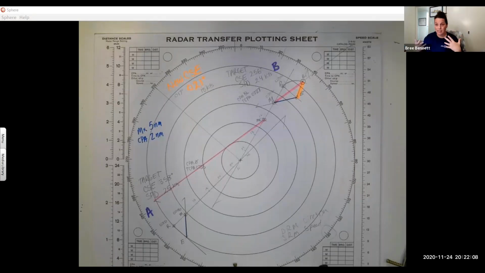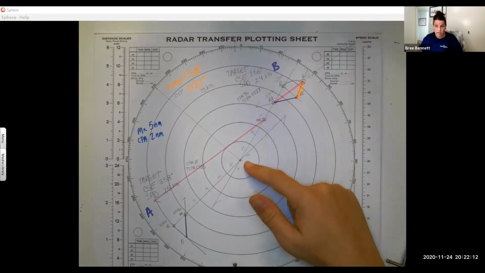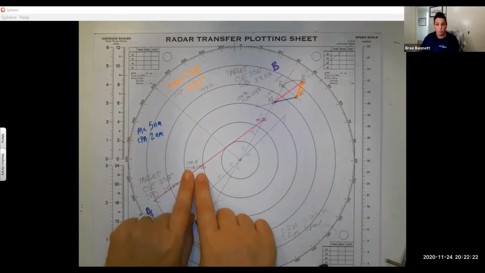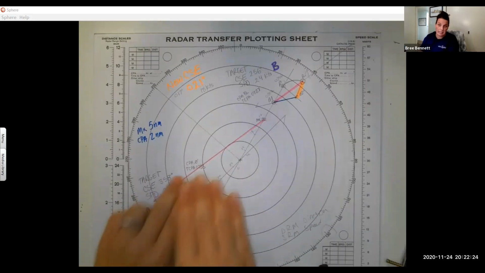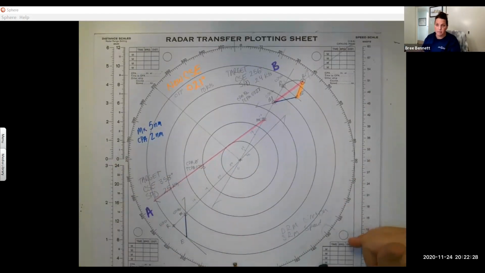What makes practical sense is our CPA is 0. He's heading straight for us from wherever he is. So it's not exactly equal, but as the instructor, I decided to focus on the more practical CPA and TCPA, instead of direction or speed of relative motion.